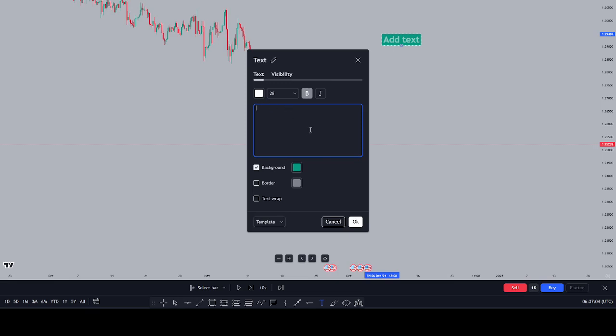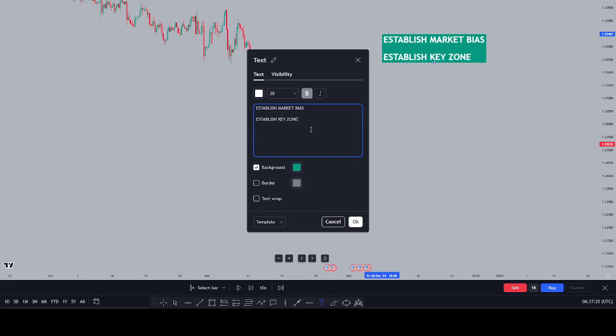Now, the first thing is to establish the sentiment, or establish market bias. So the next step that you have to do is to establish the key zone.